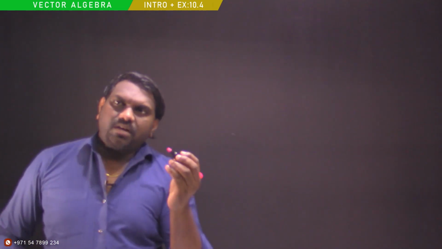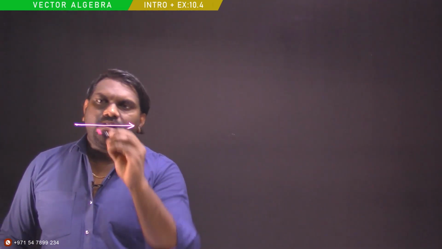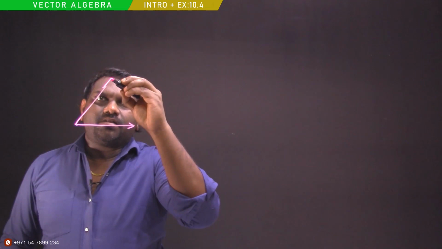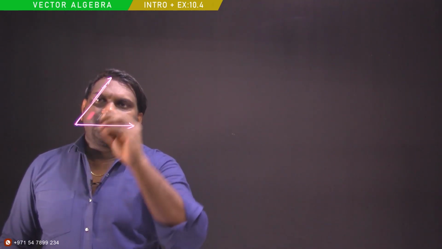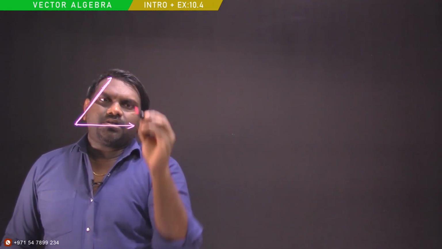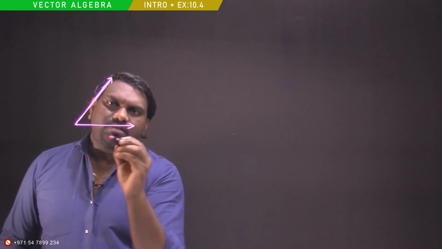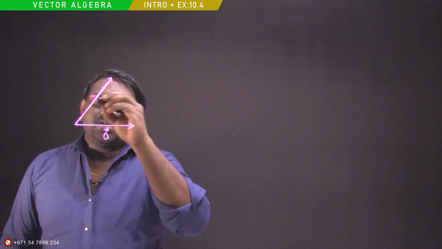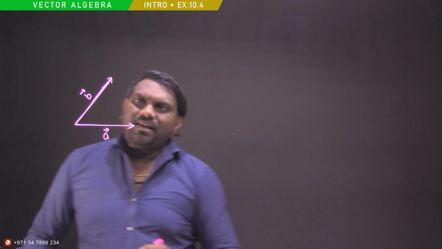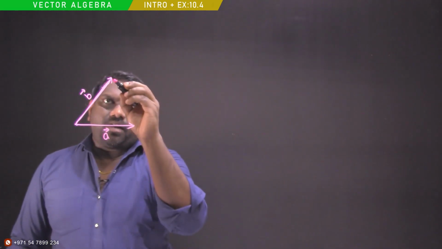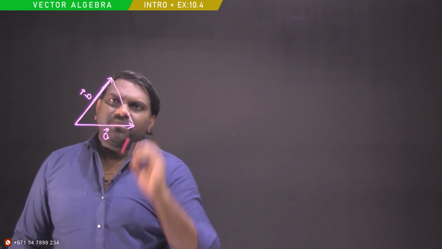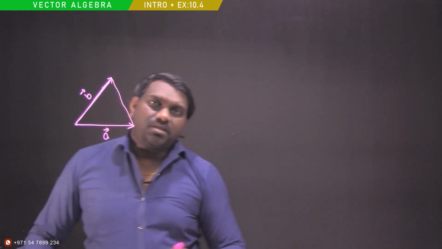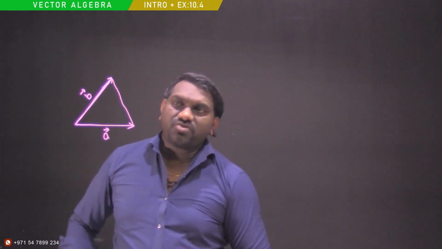Now if two vectors represent the adjacent sides of a triangle, okay, now this is a triangle here, this is one vector which I'm marking as vector a, this is another vector, b vector, let it be like this. So these two vectors represent the two adjacent sides of a triangle.